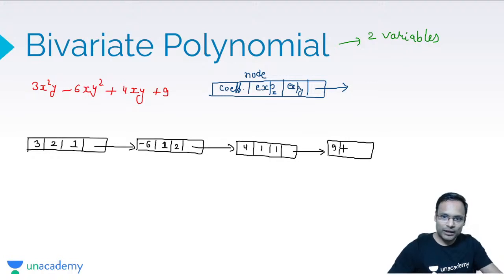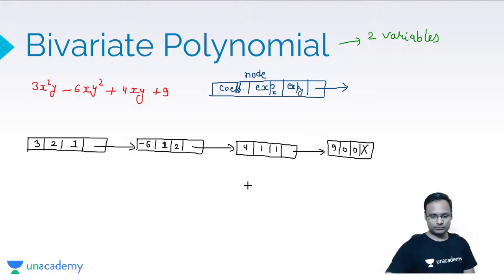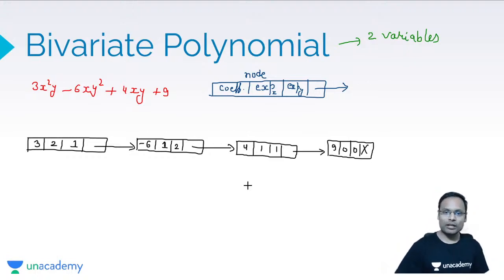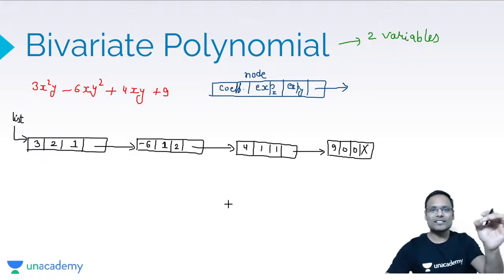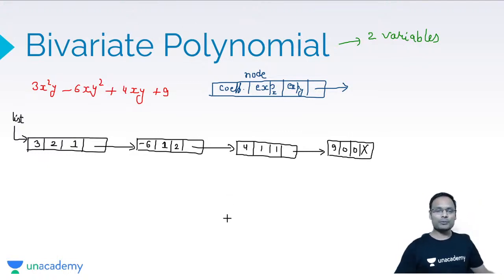Coefficient 9, power of x 0, power of y 0, null. So whatever the polynomial is, you can store it like this way. To store polynomial, linked list is the best option for you in the data structure.